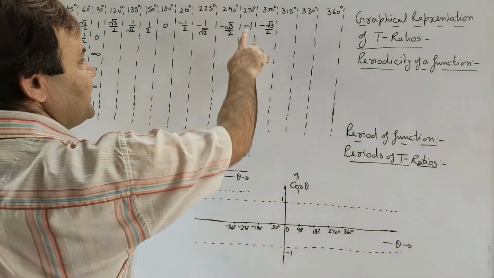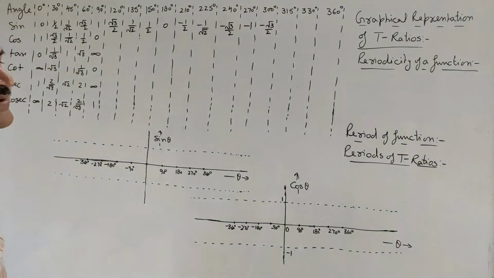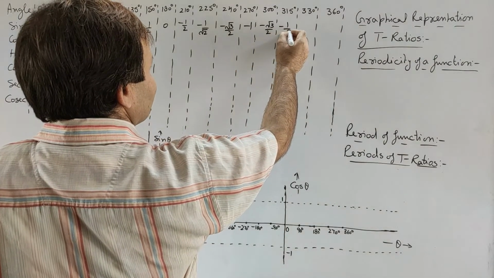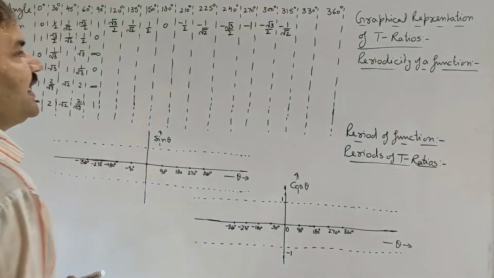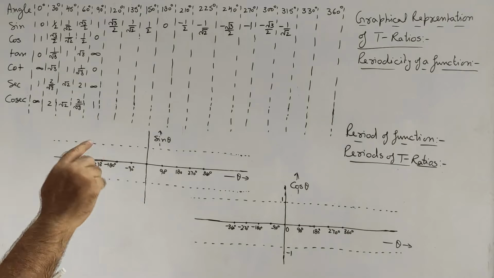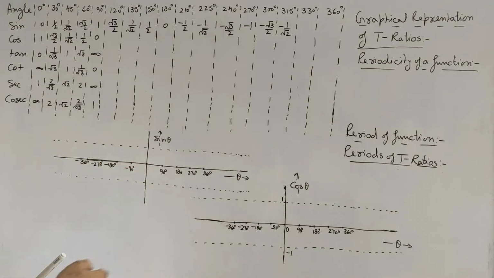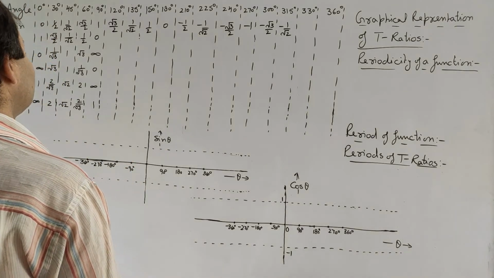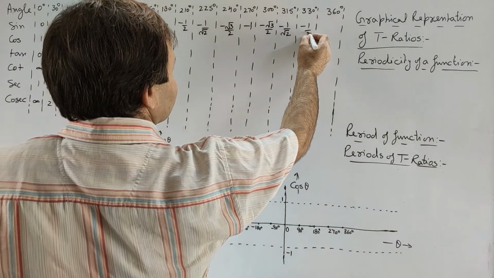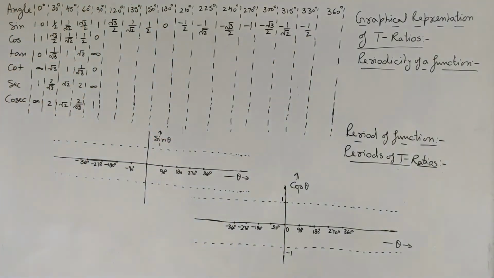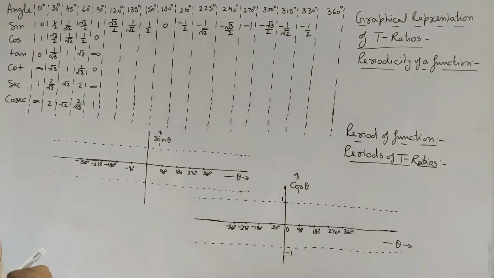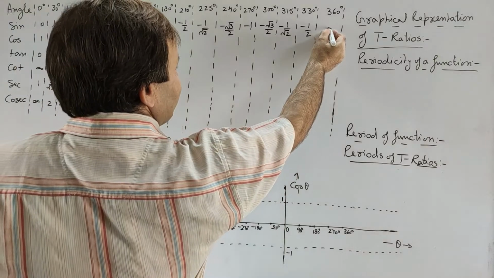Now sine 270 plus 45 means minus cos 45, so minus 1 by root 2. And next will be 270 plus 60, and sine 270 plus 60 will be minus cos 60, and minus cos 60 means minus 1 by 2. And then 360 is equivalent to 0, so sine 360 will be equal to sine 0, and that will be 0.